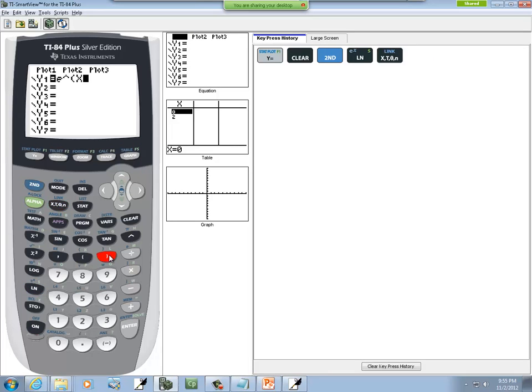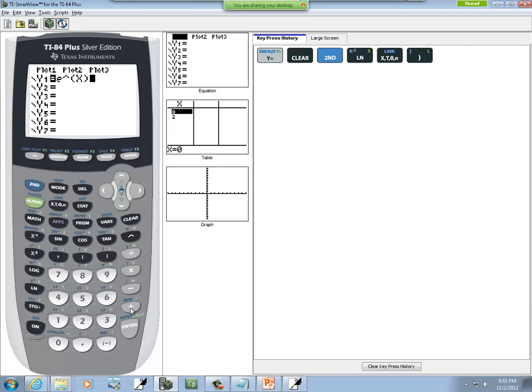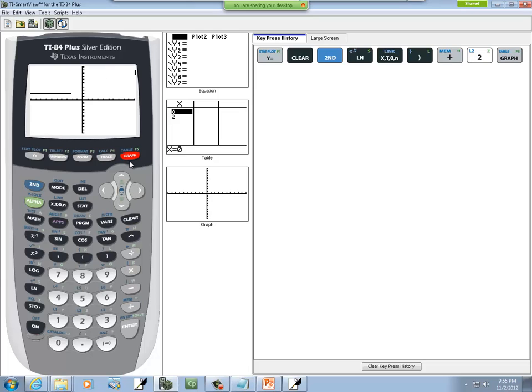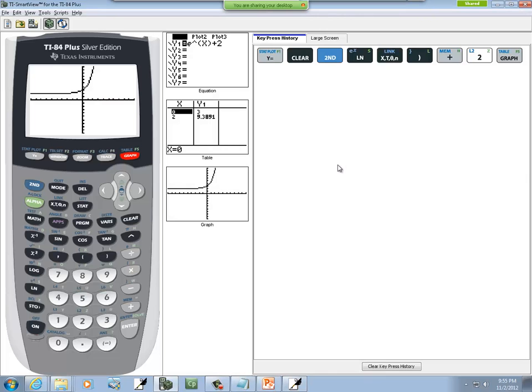Now here you have to close the parentheses because the x is the only thing that should be up in the exponent. If you've got one of the newer TI-84s, you have to press your right arrow key to get out of exponent mode. And then do a plus 2, and then graph. And let me sketch it here. And that'll be our graph.